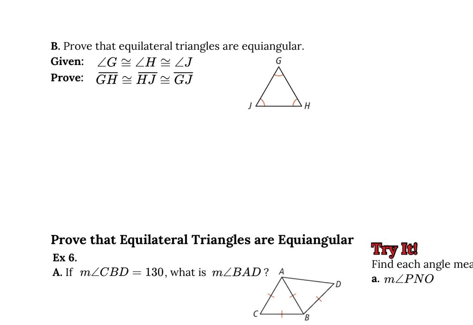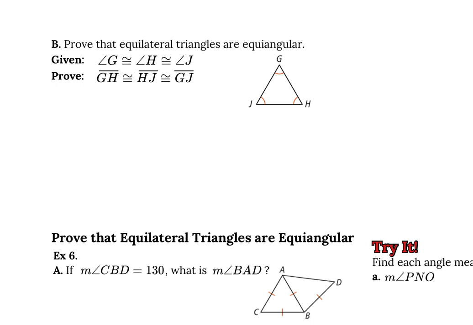Okay, next we're going to prove that equiangular triangles are equilateral. So now we're given the angles and we want to prove that the sides are congruent. We're just going to go backwards using that equilateral triangle theorem. If angle G is congruent to angle H, then we know that GJ would be congruent to HJ.